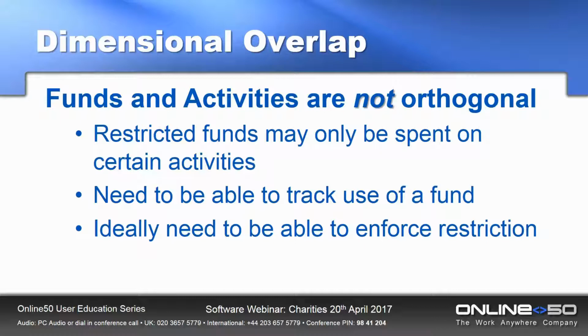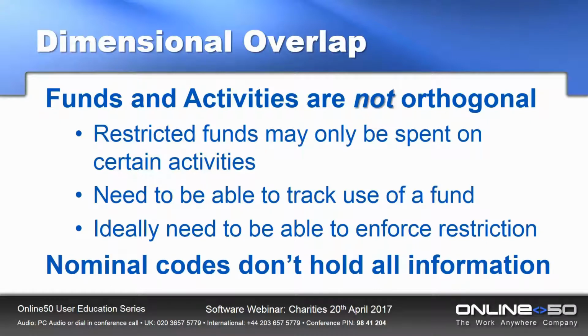We need to know which activities that fund has been used for, and ideally we need to be able to enforce a restriction. We need to recognise that nominal codes don't hold all the information we need. Now, I'm just very briefly going to refer back to the SOFA report that we spoke about right at the beginning. The SOFA report, if we set that up against nominal codes, the nominal codes need to capture the information for the SOFA report.